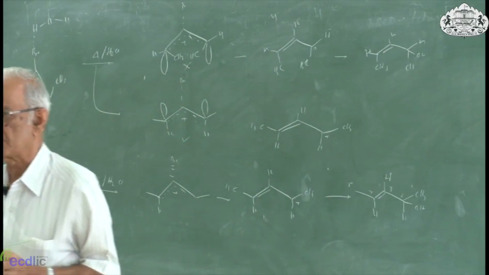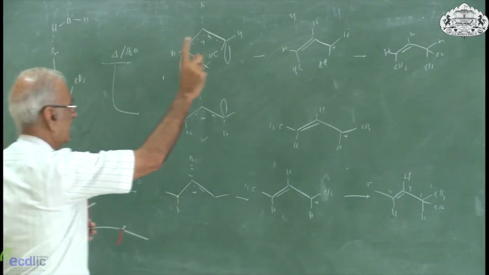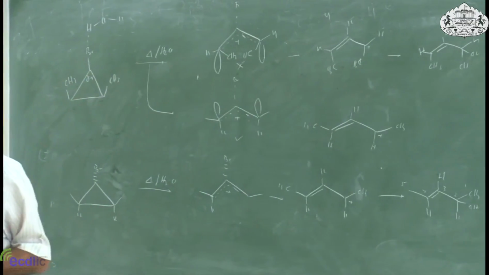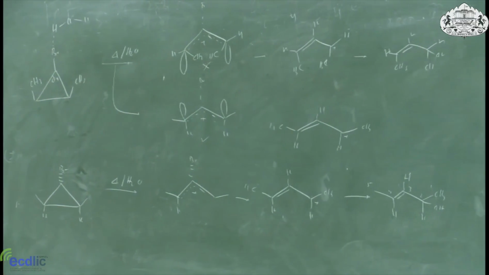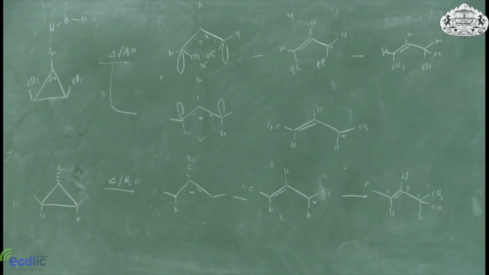In this case, the product is going to be the cis product. Starting with this, I get cis product. Therefore, reaction is not only disrotatory, but the new orbitals of the carbon-carbon bond should be on opposite side of the carbon-bromine bond.